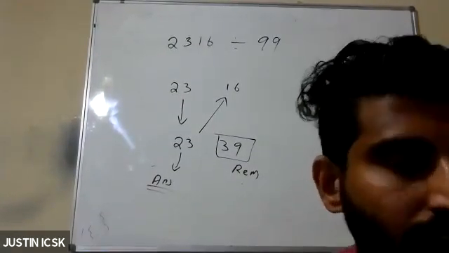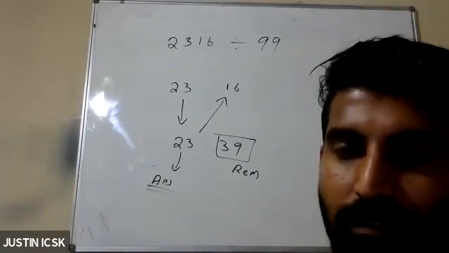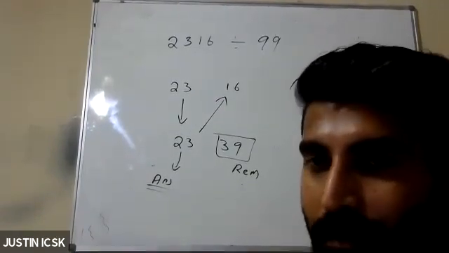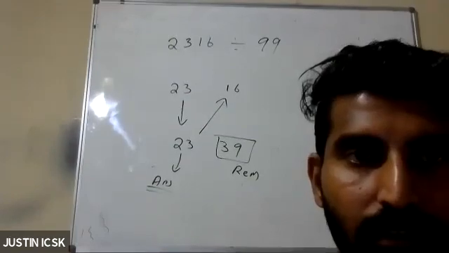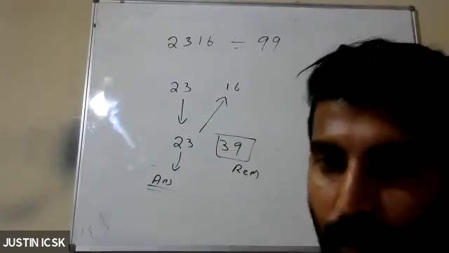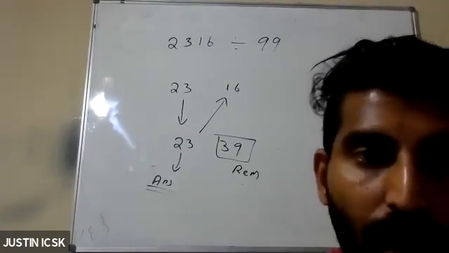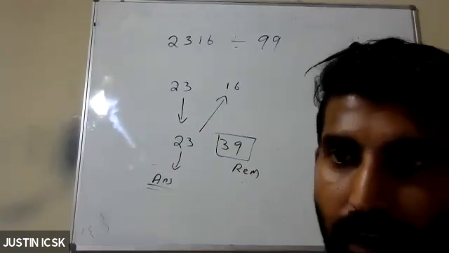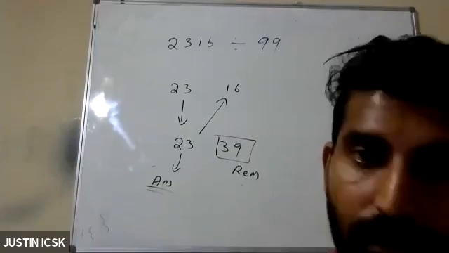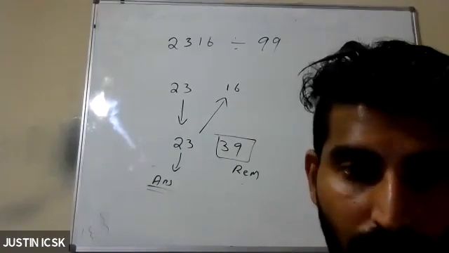General method. Next class we will study how to divide a big number and how to remove decimal numbers. So I hope today's class is clear. Anyone have doubts, you can raise your hand, otherwise you can leave.